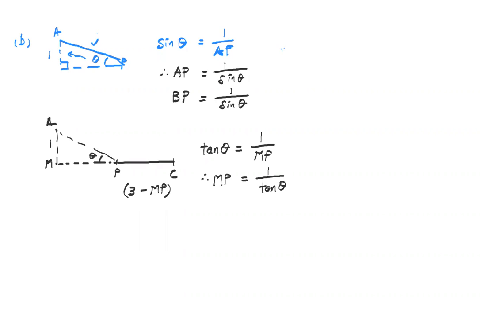And we know that tangent theta is sin theta over cos theta. So when you invert, MP is cos theta divided by sin theta.